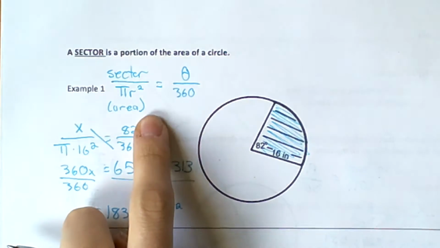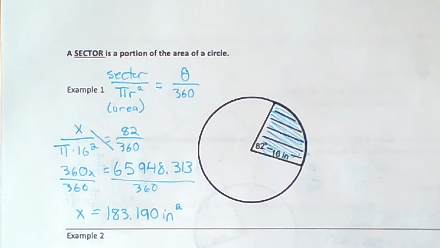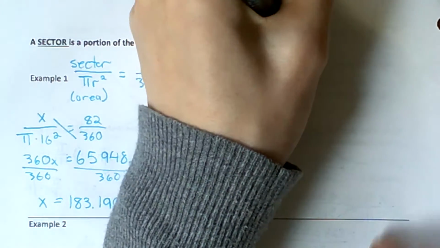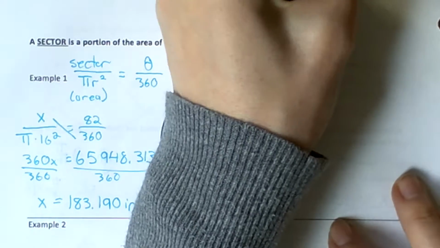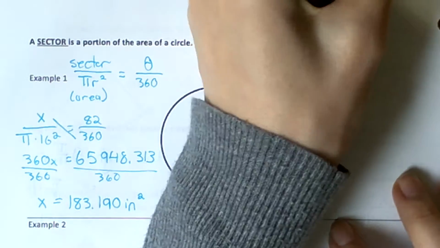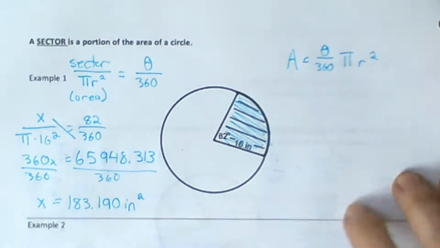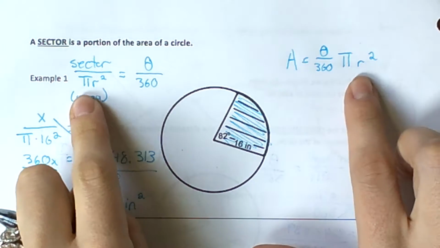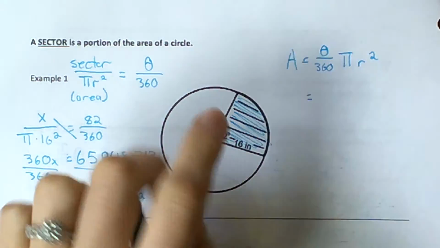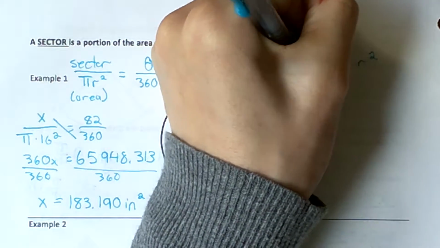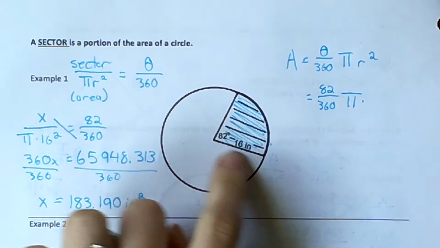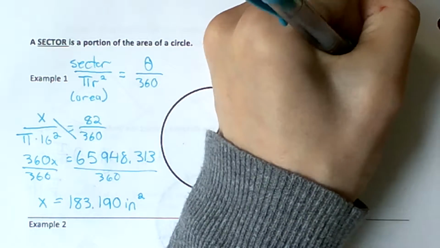So if you like this proportion way, use the proportions. The other way you can do this is by plugging it straight into a formula where my area equals theta over 360 times pi r squared. Notice how these are all very similar. So my theta again is 82. So 82 over 360 times pi times radius squared, 16 squared.